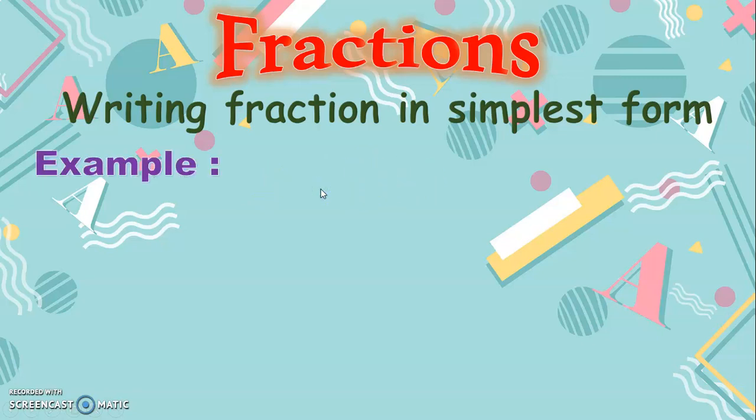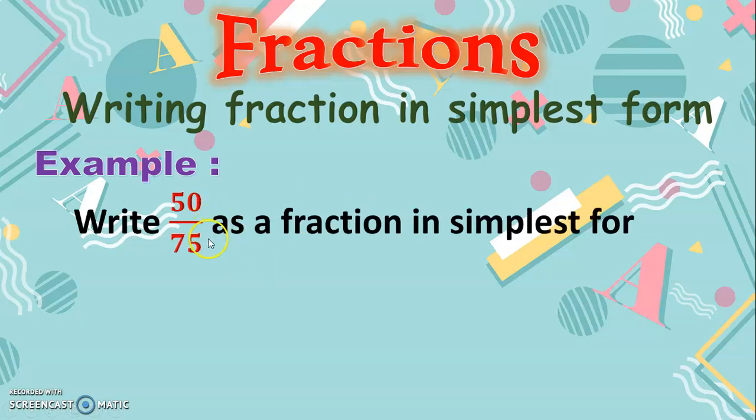Let us have the first example. Write 50 over 75 as a fraction in simplest form. First, you need to get the factors of 50 and 75.